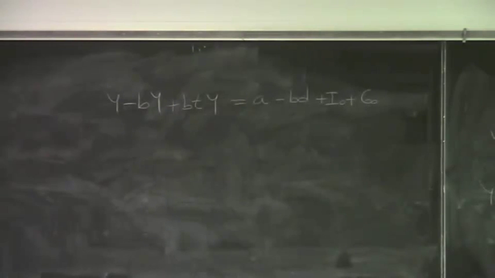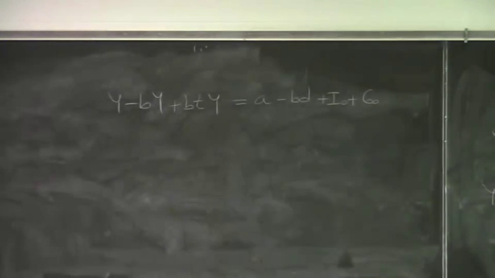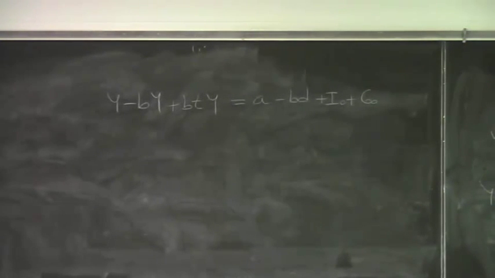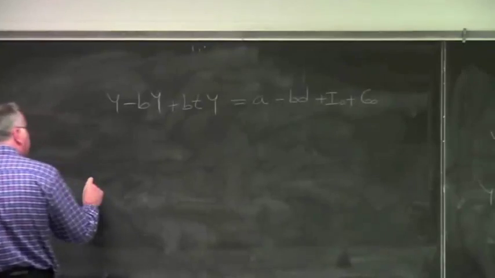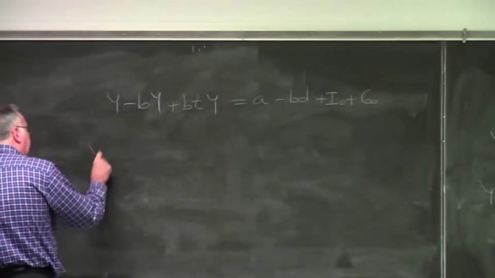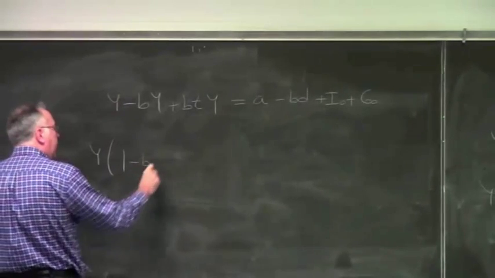Then what do we do on the left-hand side? Factor out the Y. And by the way, when you factor out the Y, make sure you multiply it by a 1. Students oftentimes forget this, and that messes them up, and they end up with a ridiculous answer. So make sure when you factor out the Y here, you write this as Y times 1 minus B plus BT.